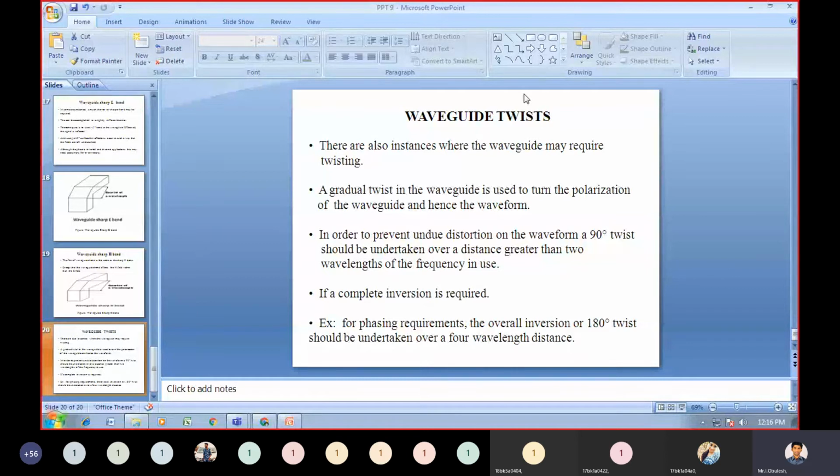If a complete inversion is required, for example for phasing requirements, an overall inversion of 180 degrees, the twist should be undertaken over a distance of 4 wavelengths.